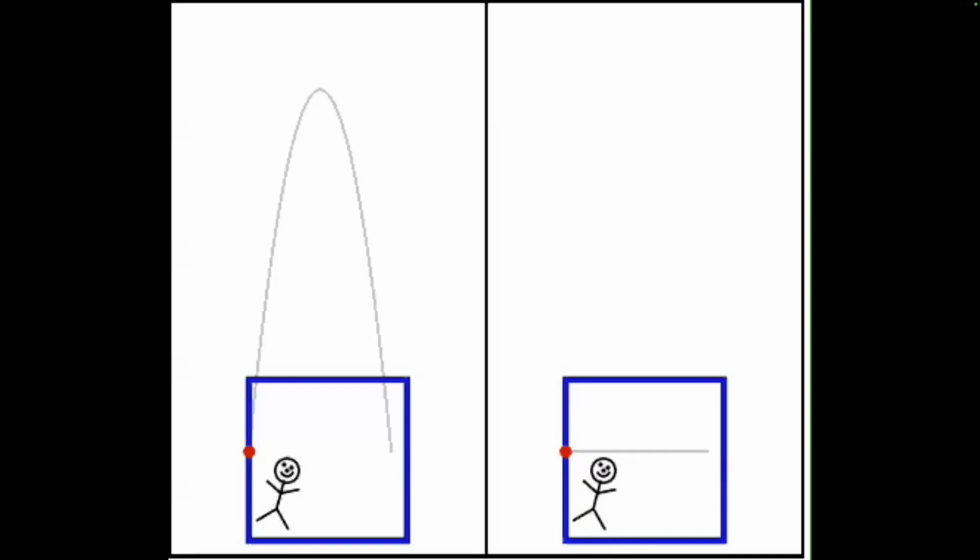Do you think you can see what the person inside the box is going to see? The ball is going to go on that parabolic path.